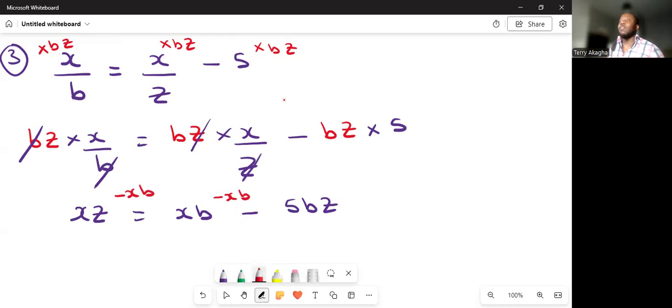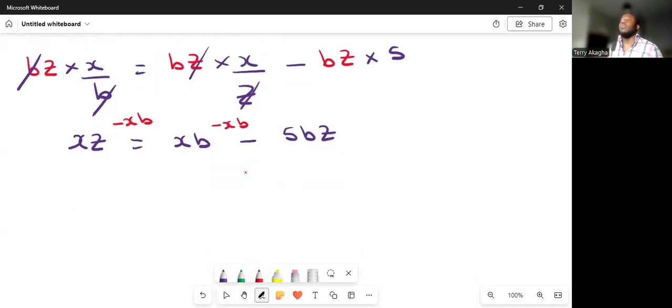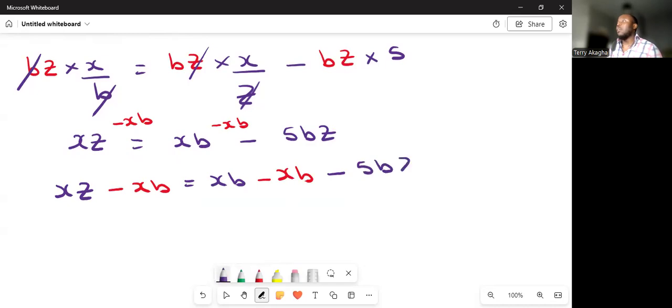So we'll get it out of the right-hand side. Then we have xz minus xb will be equal to xb minus xb minus 5bz. So this is going to cancel out that. So we're going to have xz minus xb is equal to minus 5bz.